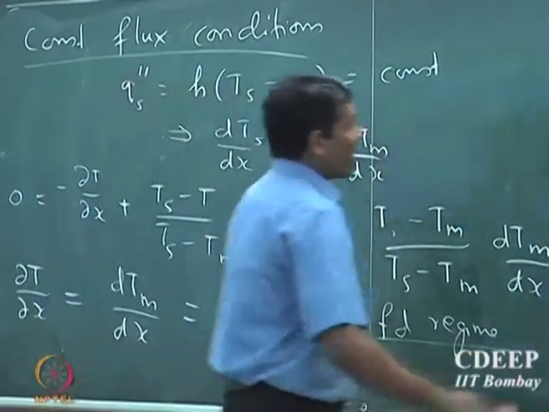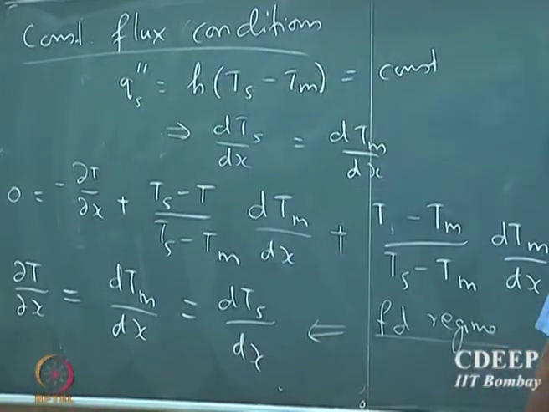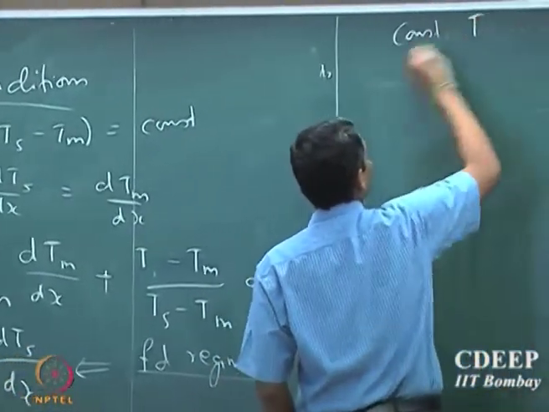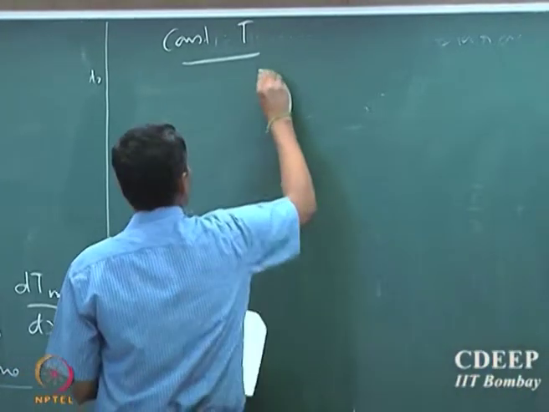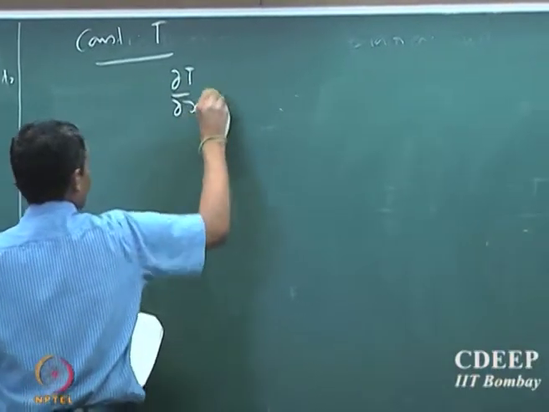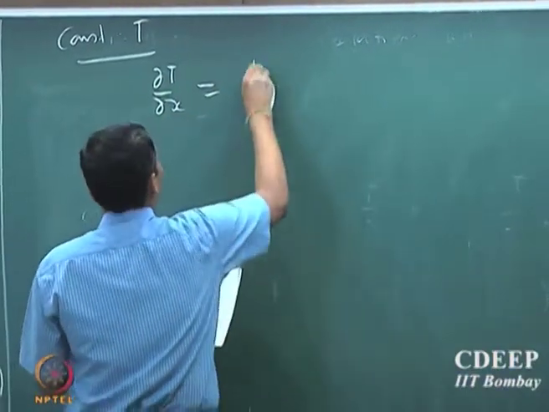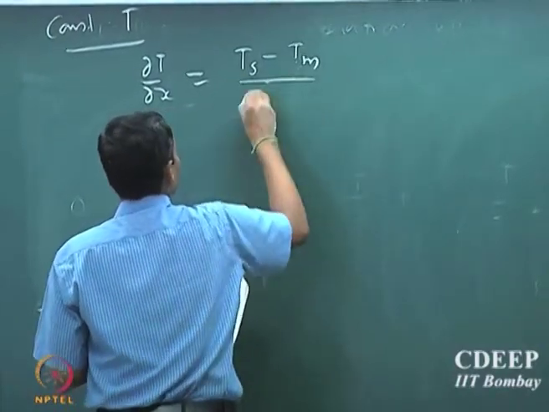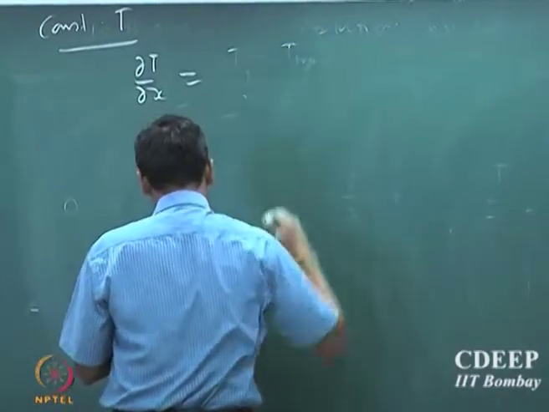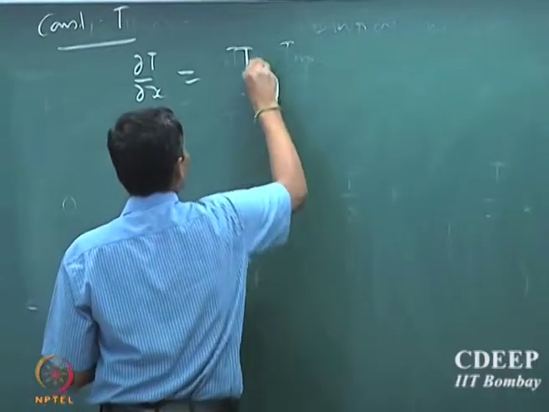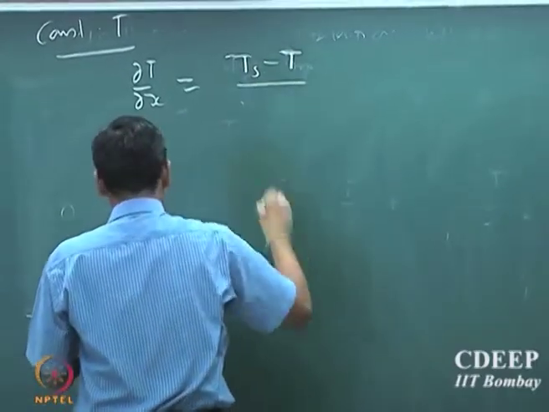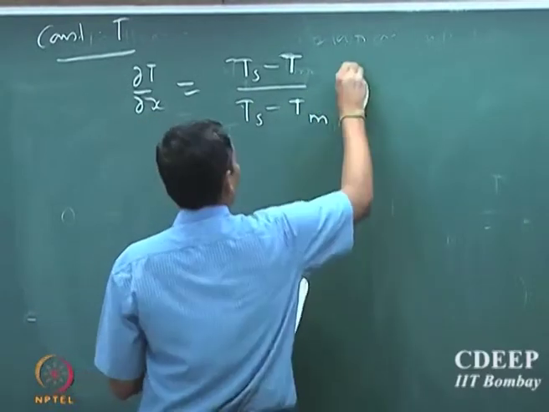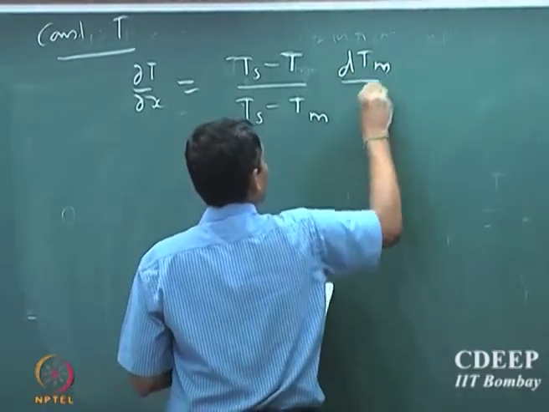Alright, so one could do the same exercise for constant temperature also. So you will see that dT by dx will be (Ts minus T) divided by (Ts minus Tm) and dTm by dx.